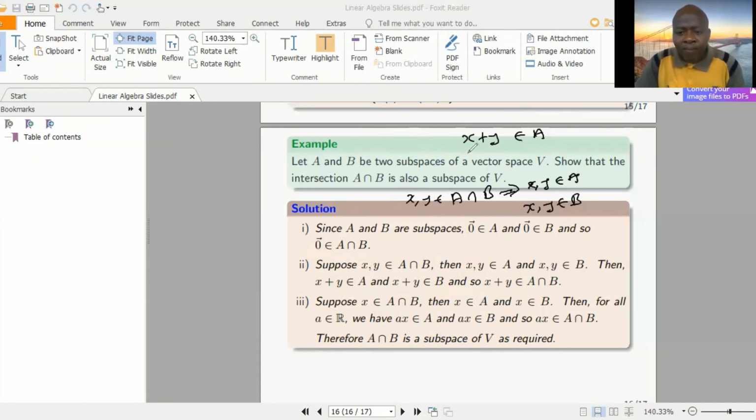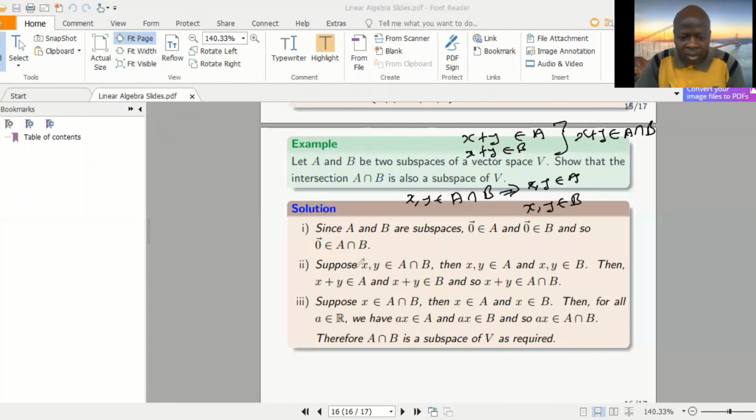And also, x plus y is in B because B is a subspace. And what we are seeing, therefore, is that x plus y is common to these two sets. And so x plus y is in the intersection.